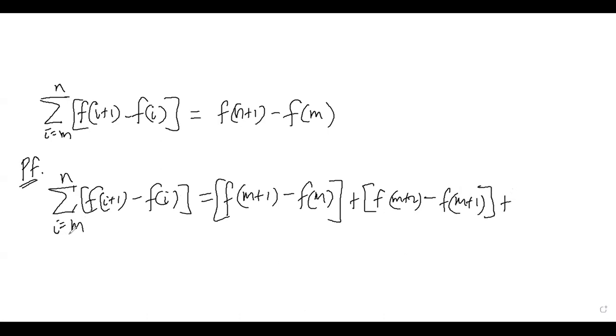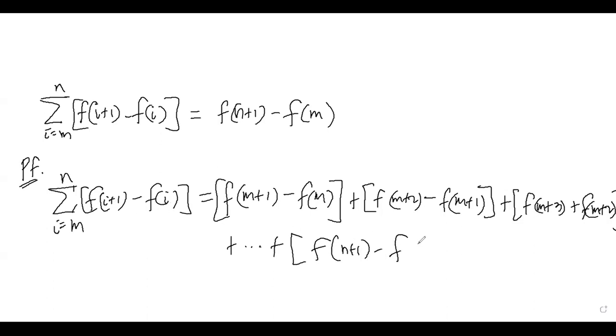The next term is when your i is equal to m plus 2. So you will have f of m plus 3 minus f of m plus 2, and so on until you reach the last term, which is when i is equal to n. So you have f of n plus 1 minus f of n.